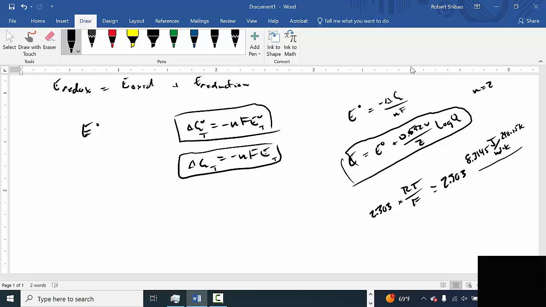And then the Faraday, you don't have to memorize this. 96,485. What are the units for the Faraday constant? Coulombs per mole of electrons.